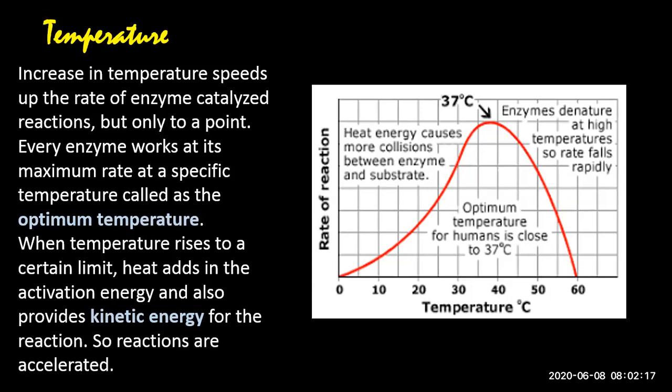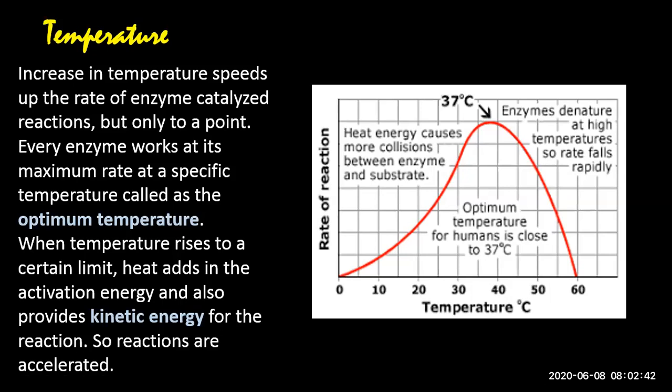But if it is 36 centigrade, they will show less performance. And if it is beyond 37 centigrade, again their performance is going to be lowered, or it can completely slow down if the temperature is too high.